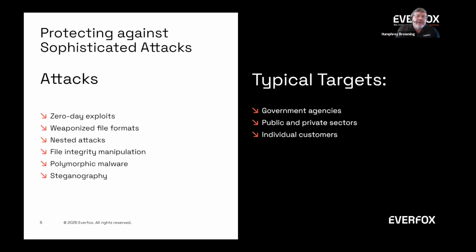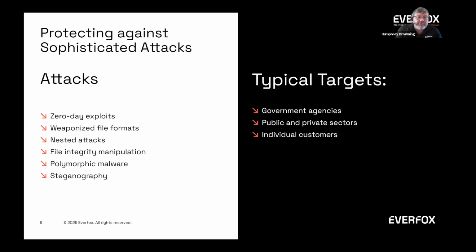The attacks that are really prevalent and at the heart of a lot of the ransomware attacks we're seeing use techniques like creating polymorphic malware, which is malware that can exist in multiple states, and using something called steganography, which is basically encoding information in a covert way so that we can't see that the malware they're trying to get in is actually in the object that they're sharing.